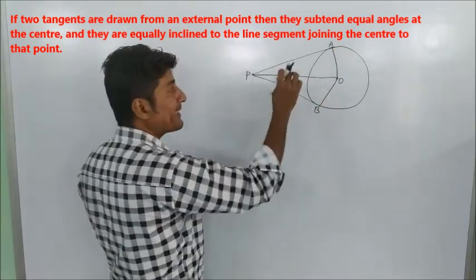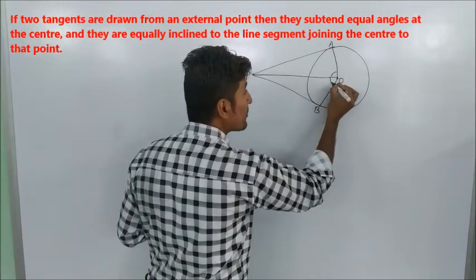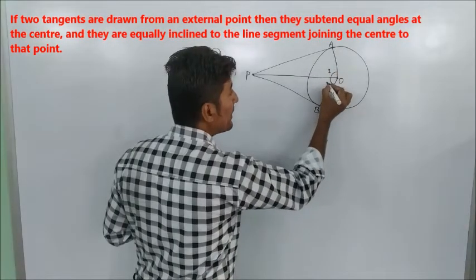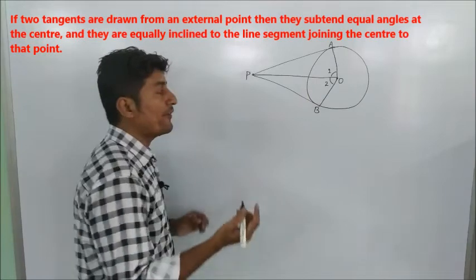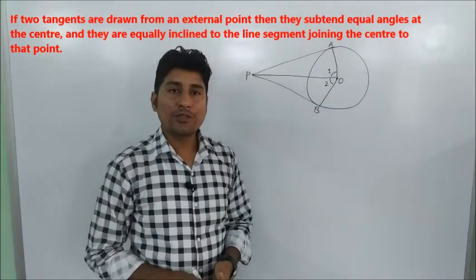So the very first thing is that they are subtending equal angles at the center. So this angle is equal to this angle. We have to prove it. Suppose the name of this angle is 1, and the name of this angle is 2. So the very first thing is that we have to prove that angle 1 equals angle 2.